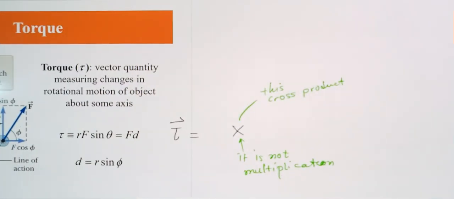That means we have to use matrices to find the vector. It's a cross product between two vectors. In order to calculate it, we need to use a special mathematical tool. It's not multiplication. It's not 5 multiplied by 2 is equal to 10. Pay attention, this is a cross product.